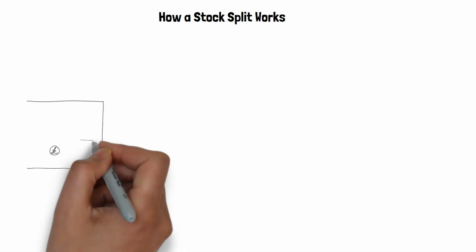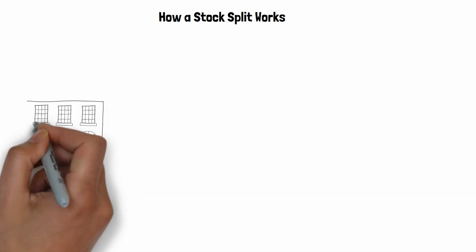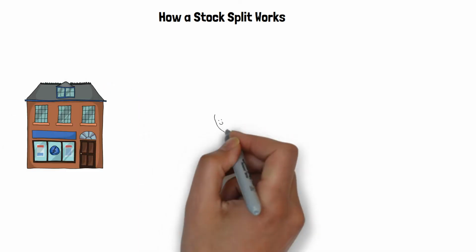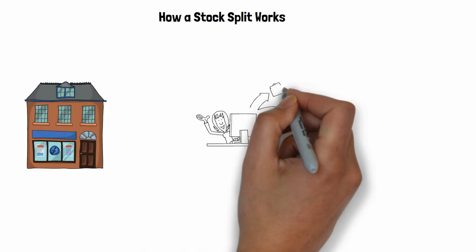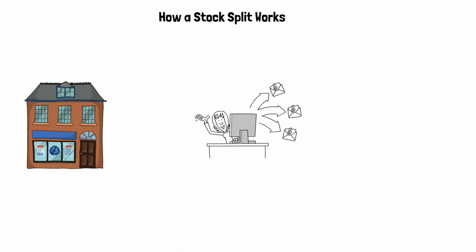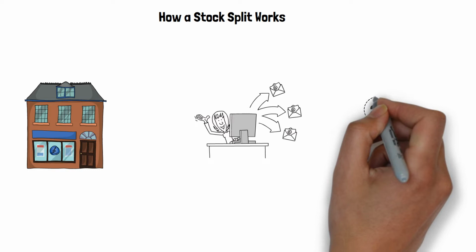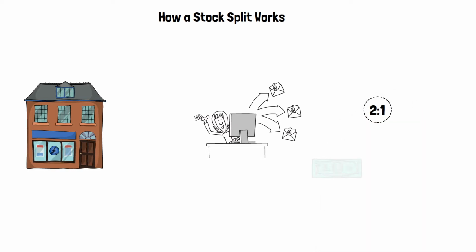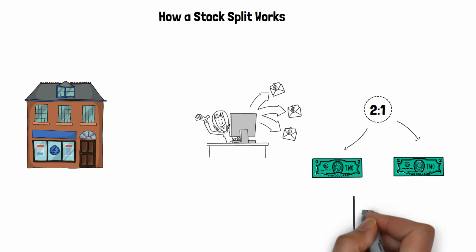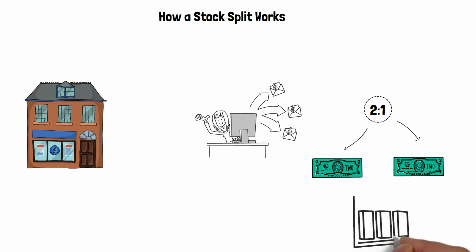So how does a stock split actually work? A stock split is a corporate action performed by a publicly traded company in which the company issues additional shares to shareholders, increasing the total amount of outstanding shares by the specified ratio based on the shares that were previously held. This is done by dividing each share into multiple ones and reducing the stock price by the ratio amount. It's important to note that a stock split does nothing to the company's market cap.